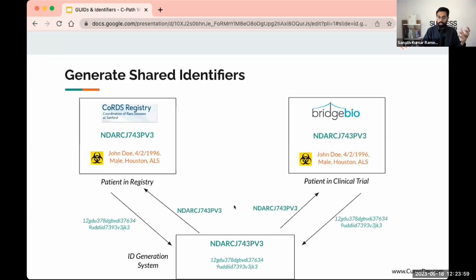As long as both these systems use the same hashing tokenization software, they should be able to get the same identifier back. So as long as CARD's registry and BridgeBio, in this example, use the same software to generate these IDs, the software enforces the same patient, same ID rule, and you get the same ID back. And now these two data sets are linkable. They have the ability to be connected at some point in the future.